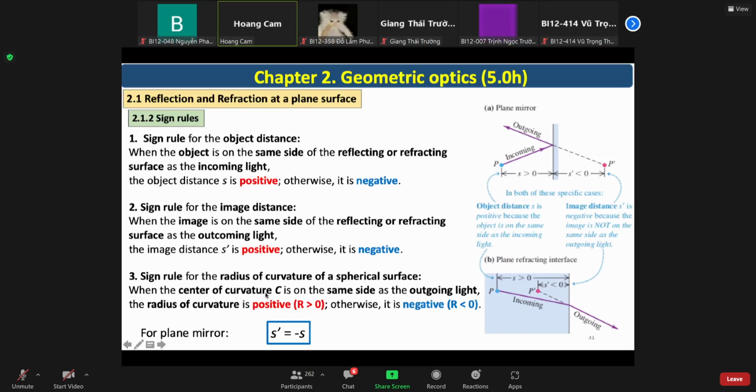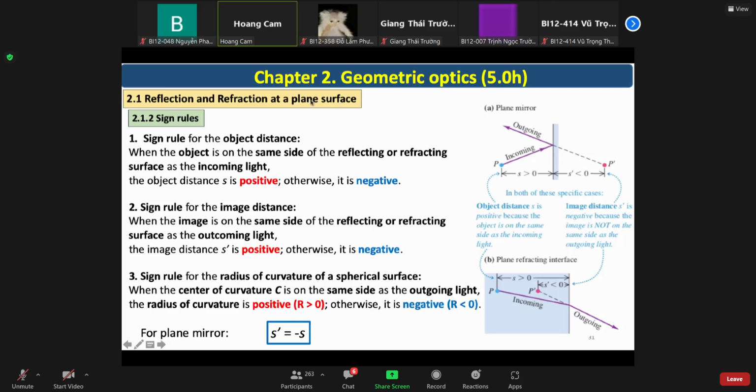When the center of curvature C is on the same side as the outgoing light, the radius of curvature is positive, and otherwise the radius of curvature is negative. So we also have the sign rule for the radius of curvature of the spherical surface, and we will look in detail in the upcoming session.